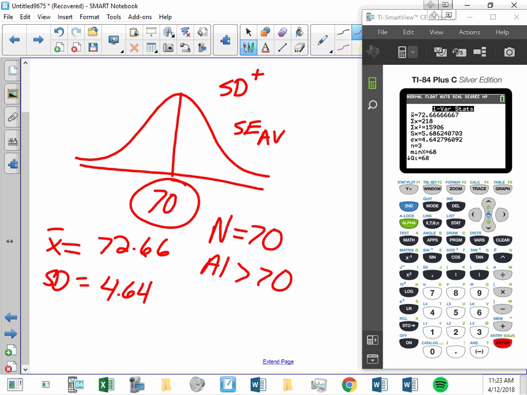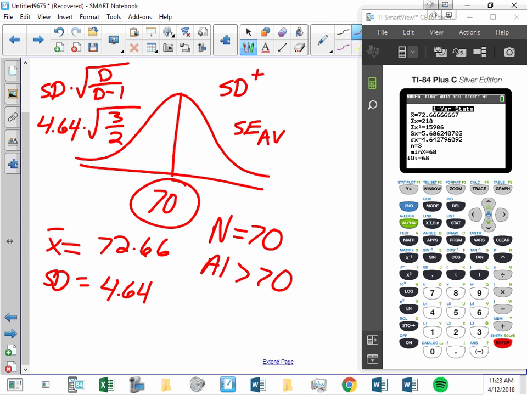The SD plus, and I don't have that up on the wall yet, is simply the SD times the square root of the draws divided by the draws minus 1. So I'm going to take 4.64 and multiply that by the square root of 3 over 2. I have 3 elements in my sample, so 3 divided by 2.